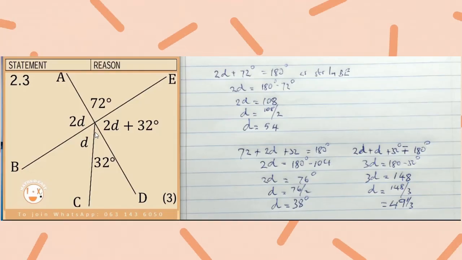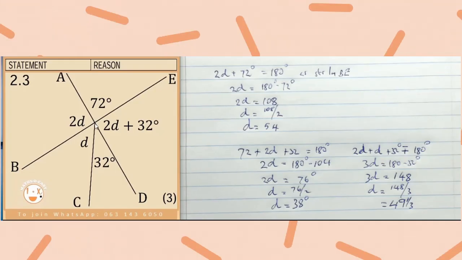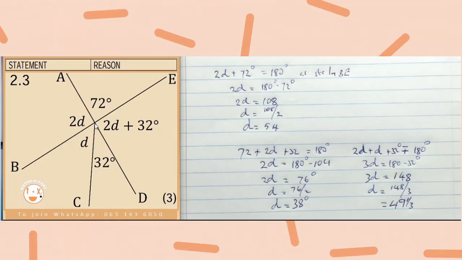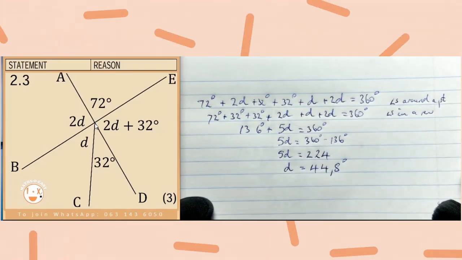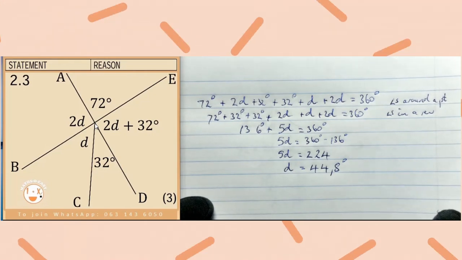Okay, so the central issue here was that all these angles are around a point. So you needed to go to this one. If you know your work, you wouldn't waste time.